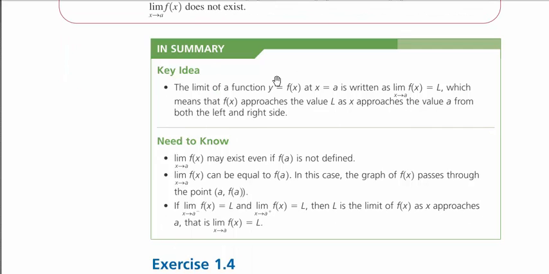And you can read through in summary some need-to-know things, fairly important. The limit may exist even if there's no value at that point. In the example we just saw, the point f at 1 was positive 1. But even if it weren't, the limit can still exist even if there isn't that single point. We'll see one in a minute.